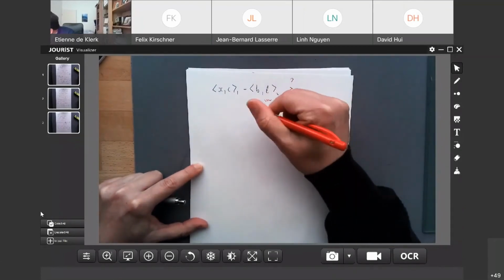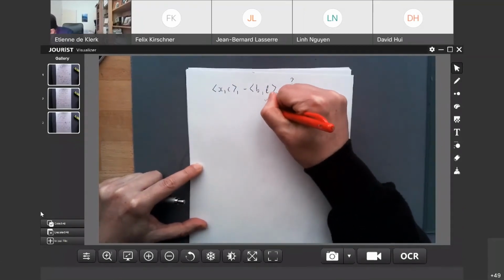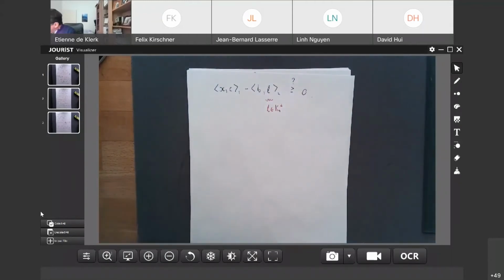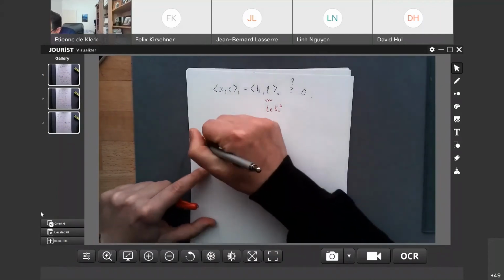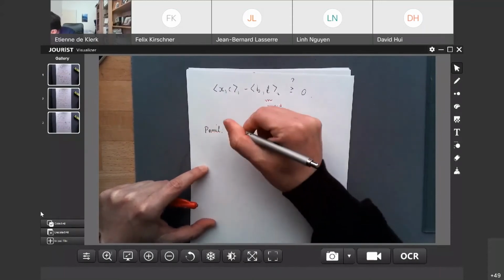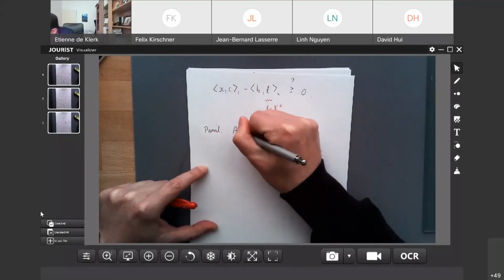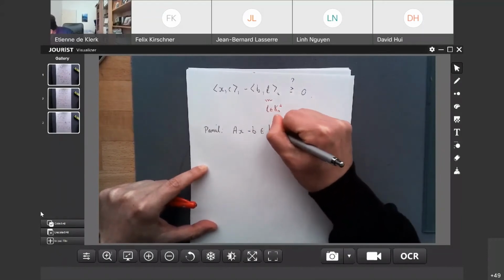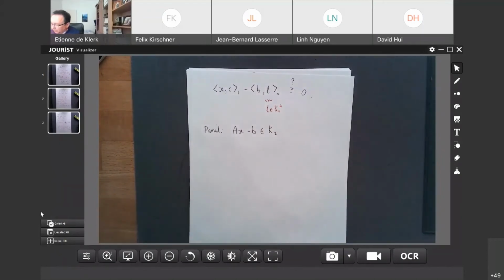This L belongs to K2 star, and from the primal feasibility conditions, we know AX minus B belongs to the cone K2. This is one of the primal constraints.